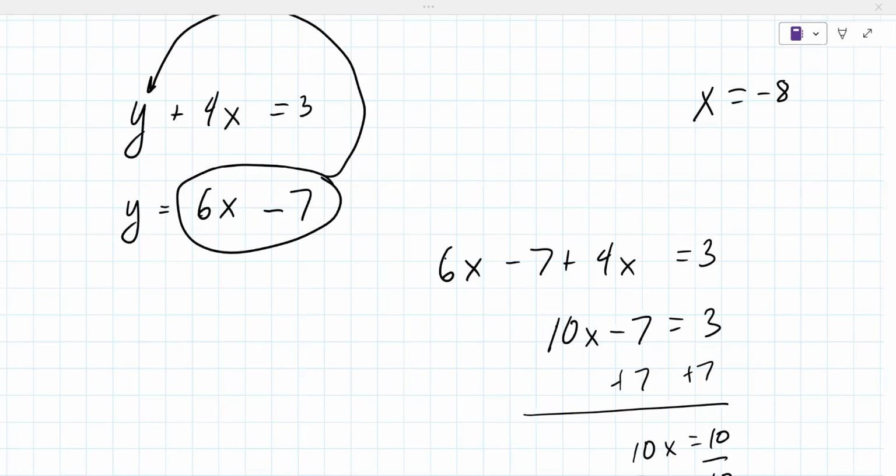Yeah, I'm asking you which equation to use. The equation, 6x minus 7.